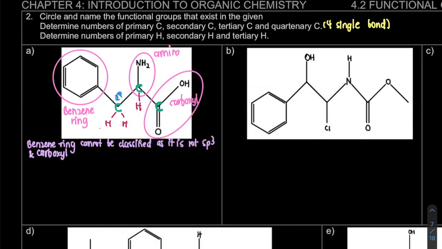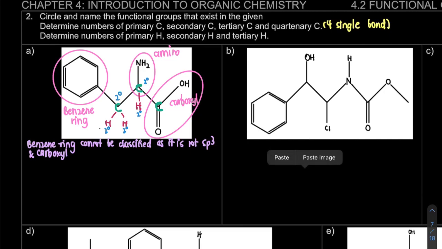When this is my secondary carbon, the hydrogen must be secondary hydrogen. This carbon is also bonded to 2 carbons, so it's secondary carbon. So here must be my secondary hydrogen.